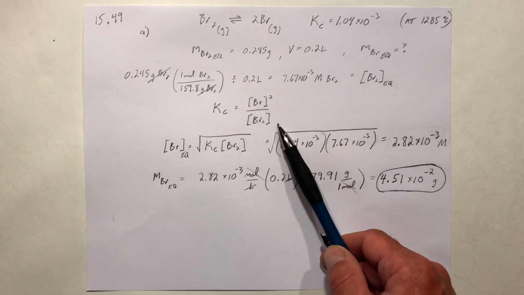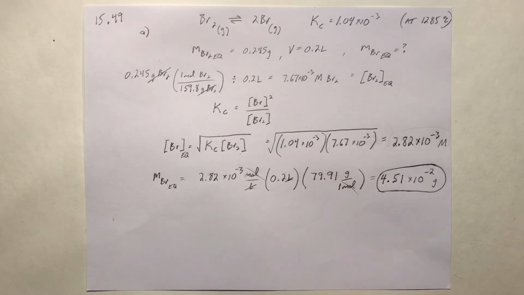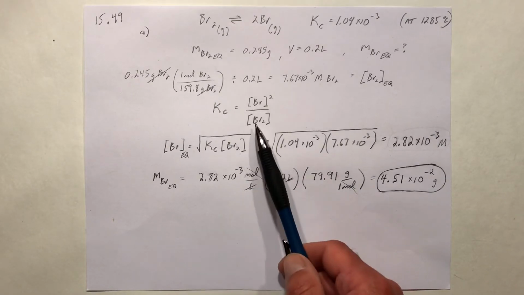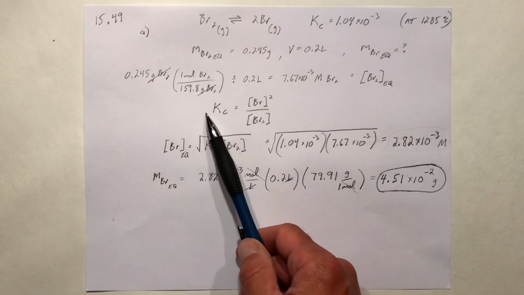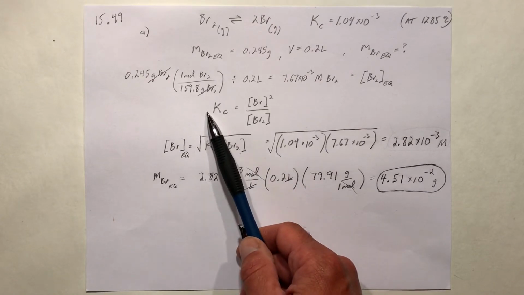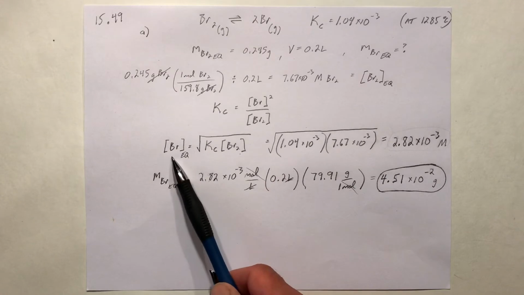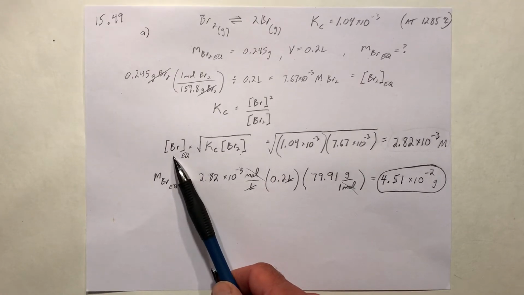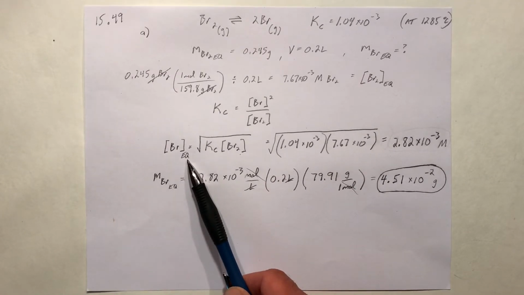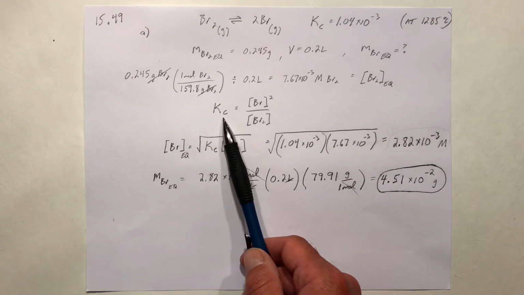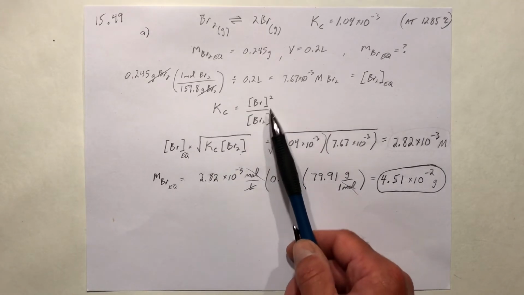Here's the equilibrium expression. We know that we can solve that for the concentration of Br. So we're going to take the concentration of Br2 and multiply it on both sides so it moves up here. Then take a square root of both sides, and that would give us the equilibrium concentration of Br. I'm going to label that EQ. Now remember that when you're calculating a Kc value, these are equilibrium concentrations.